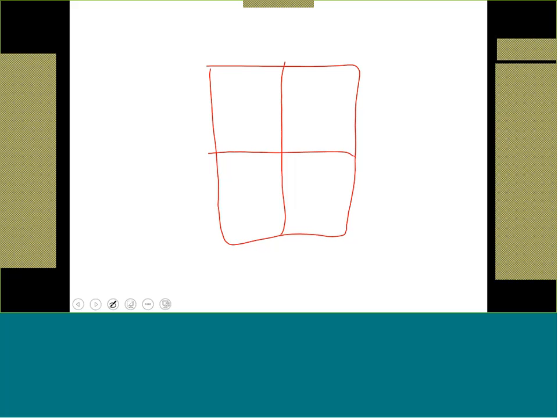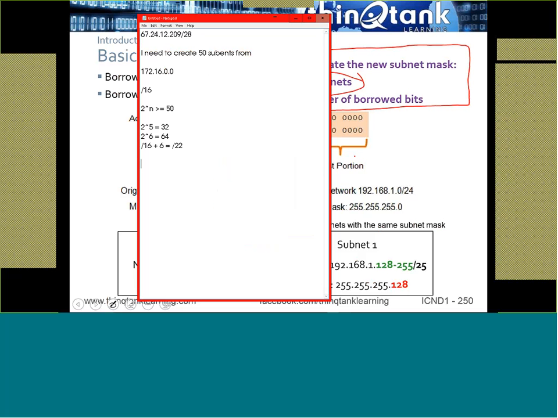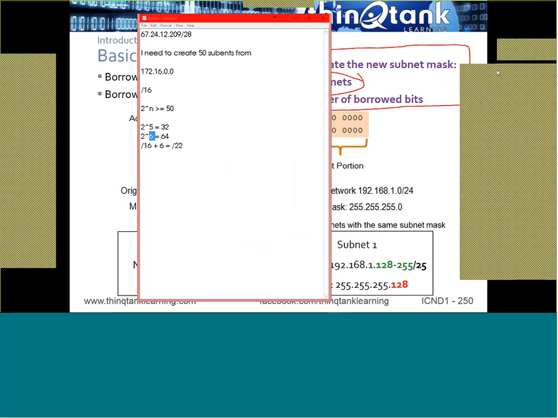That is the concept that we're talking about here. That 6 is just the number of bits we're borrowing. Every time we borrow another bit, we're creating more networks. And they can only be created in powers of 2 because it's binary math.